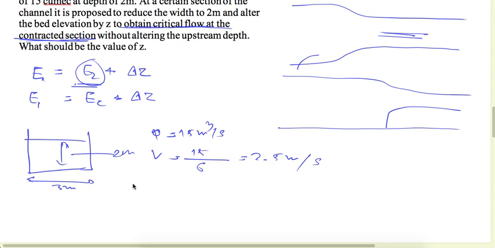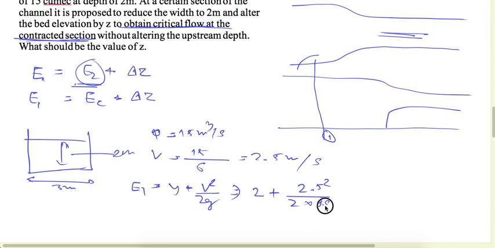And from here specific energy at section 1, we write as y plus V square upon 2G is equal to 2 plus 2.5 square upon 2 into 9.81. It is equal to 2.319 meter.